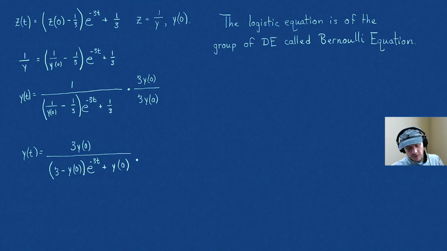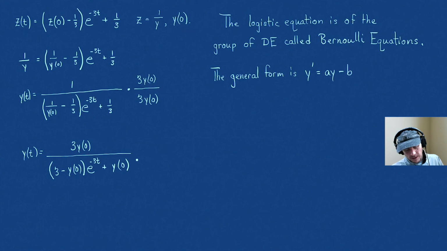And the general form of Bernoulli equations is y prime equals a y minus b times y to some power n. And in the problem we just solved, n is 2.